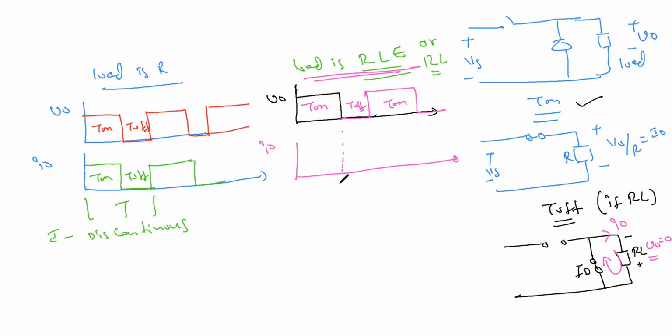What will happen in the turn on and turn off periods? It is an inductor. I have kept RL load, so the current is not discontinuous. The current increases gradually, maybe if we start from 0, so it increases and it decreases here, and then it increases again. With RL load the current decreases slowly. During the off period, the inductor releases energy to the load, so current decreases and then increases.